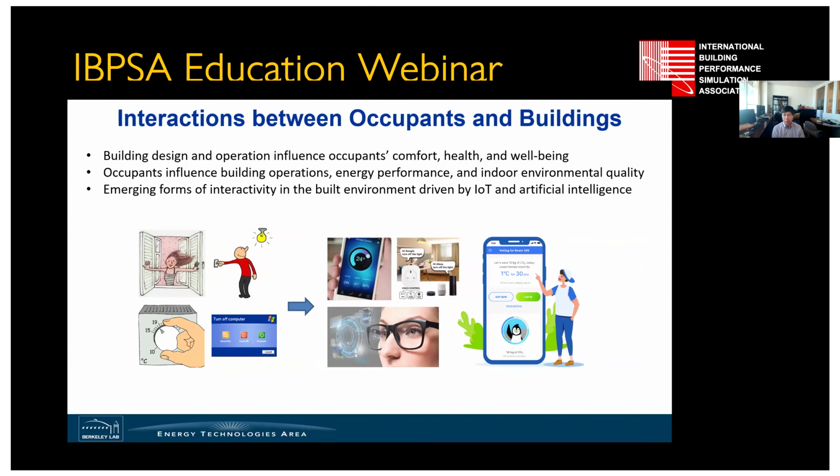You dim the lights, you may have enough light from the daylight, so you may dim it for reduced glare or different kinds of reasons. And the thermostat, if you have access to it and you can control it, you adjust it so that you feel comfortable, not too cold, not too warm.